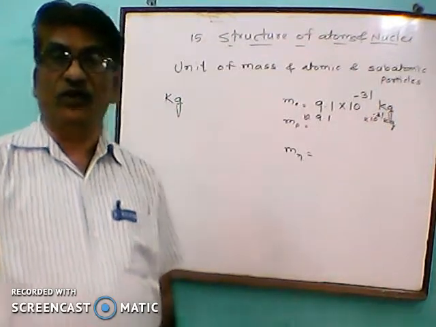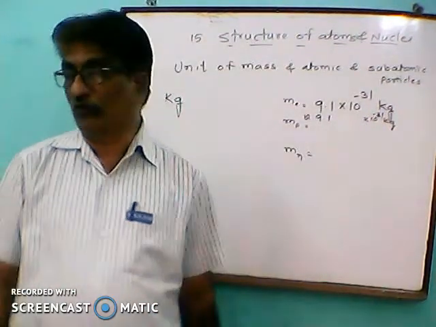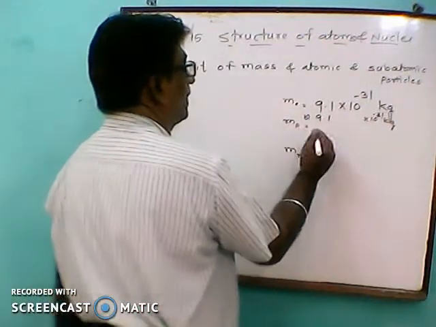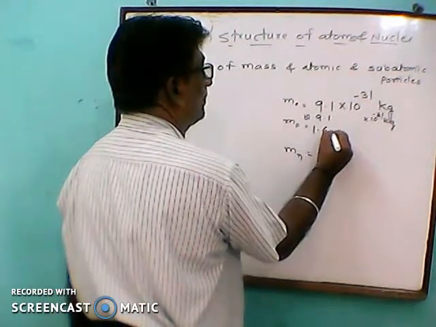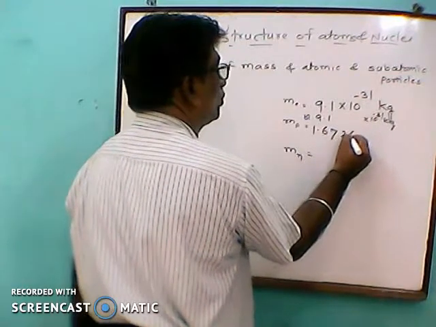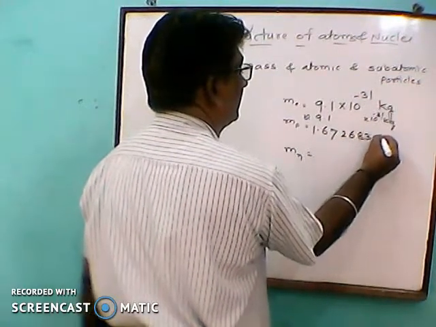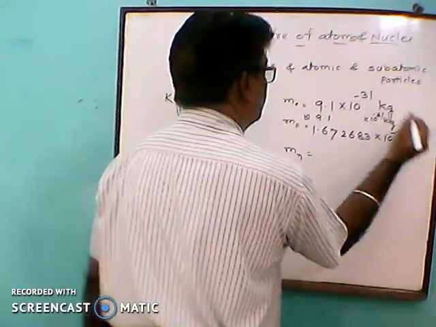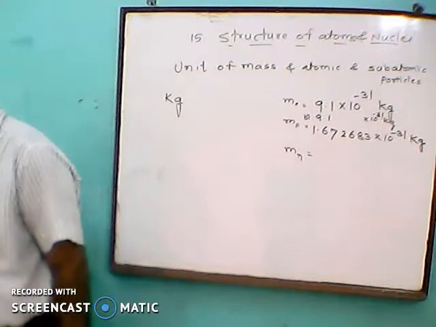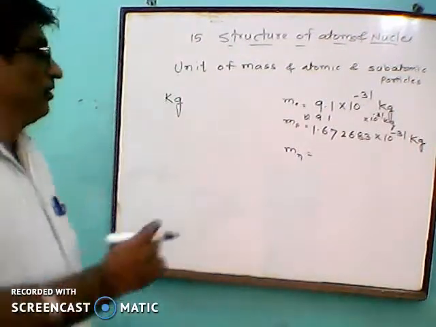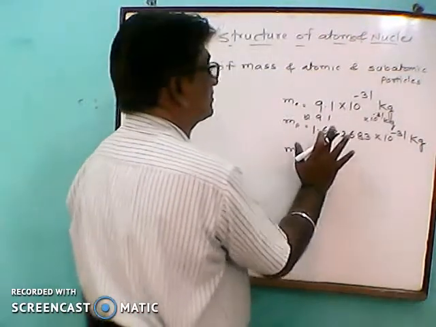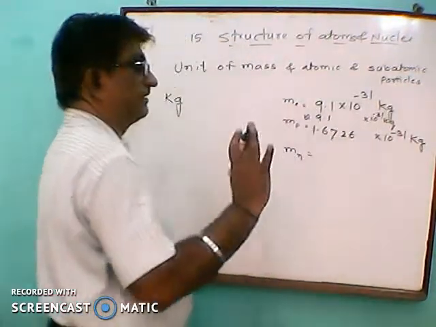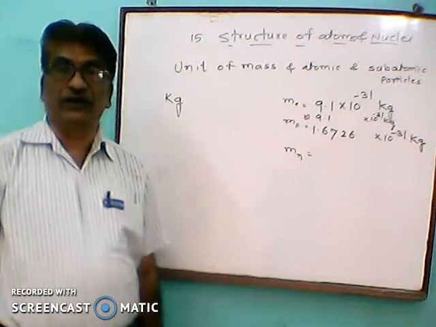Now for proton, the mass of proton will be 1.672683 into 10 to the power minus 27 kg, or 1.6726.